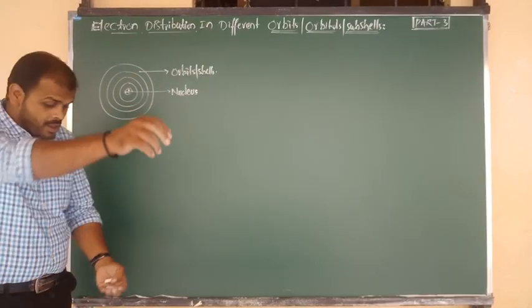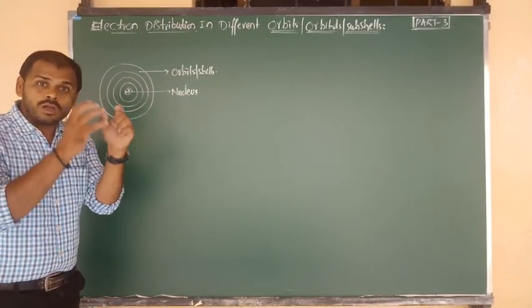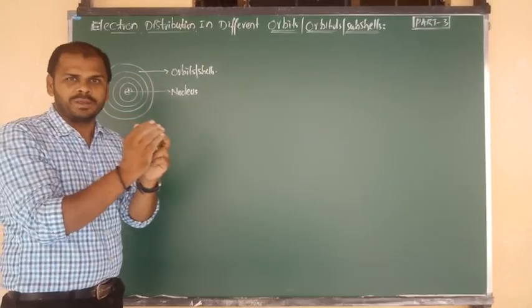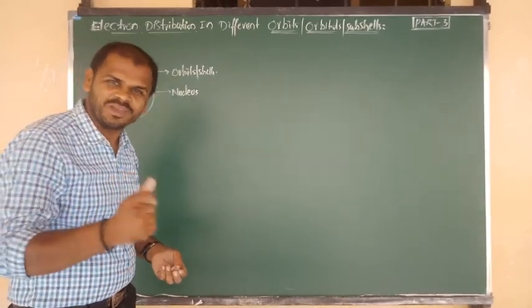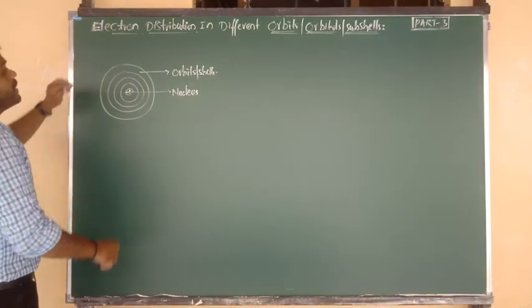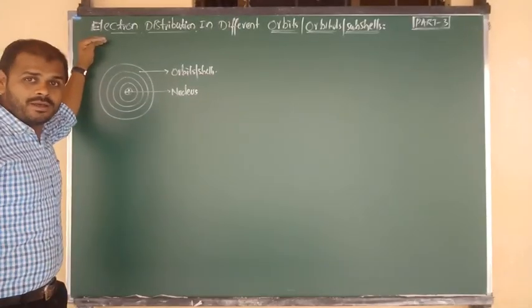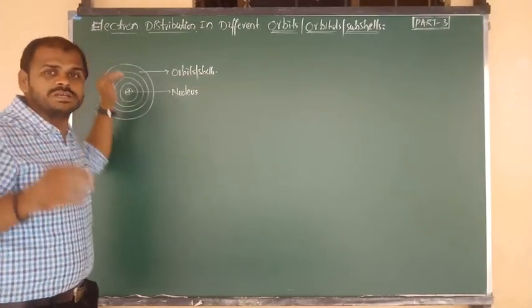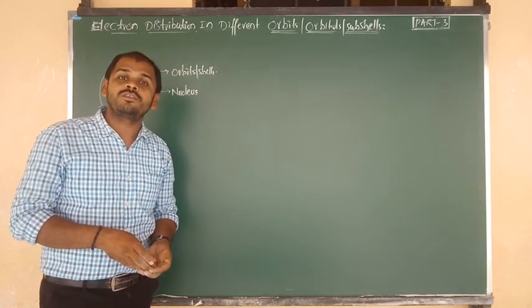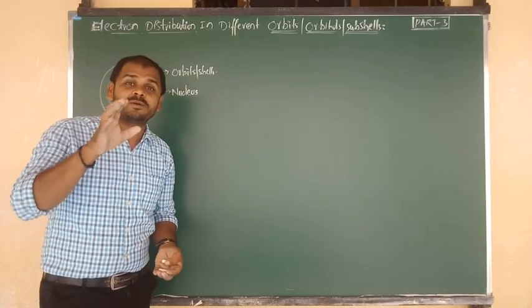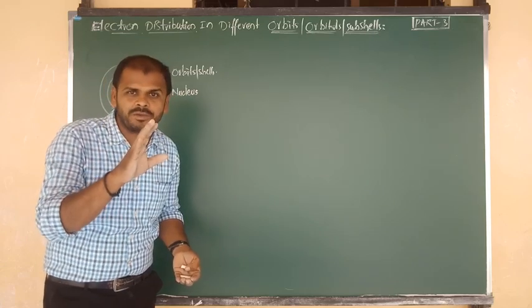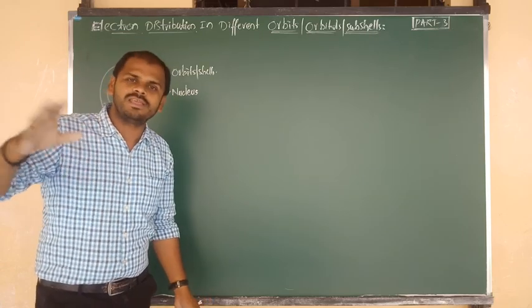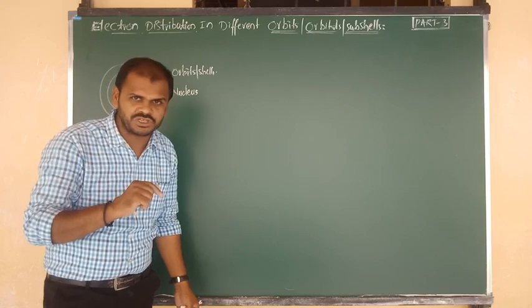Okay, good. So for that purpose, I want to give you a clear short picture about the atom. Listen carefully. As per Bohr's atomic model, Rutherford's atomic model and Thomson's atomic model, all three models say that atoms are spherical in shape.